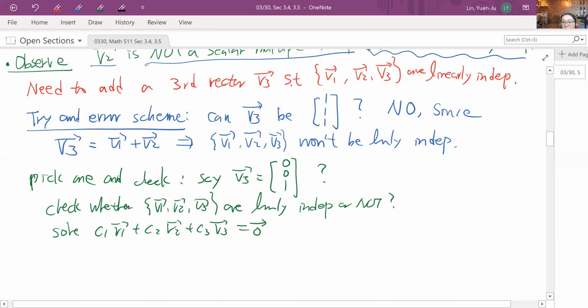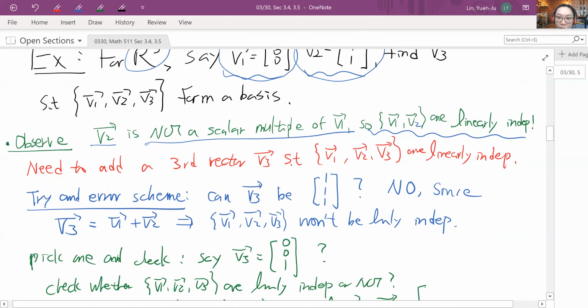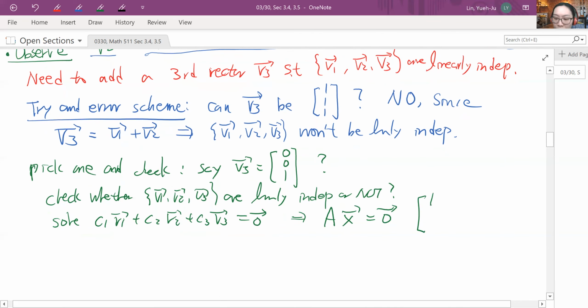Because these three vectors are all in R3, this is the same as solving the homogeneous equation, where A is just V1, V2, V3 put in as the column vectors. So V1 is (1, 0, 0), V2 is (0, 1, 1), and V3 is (0, 0, 1).